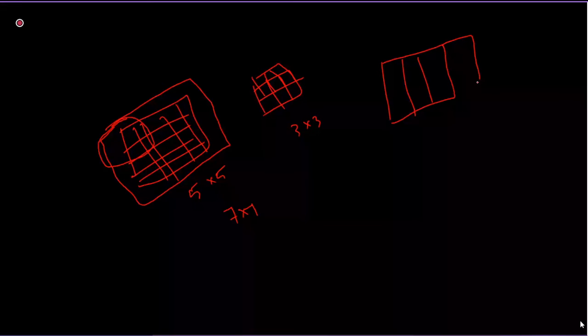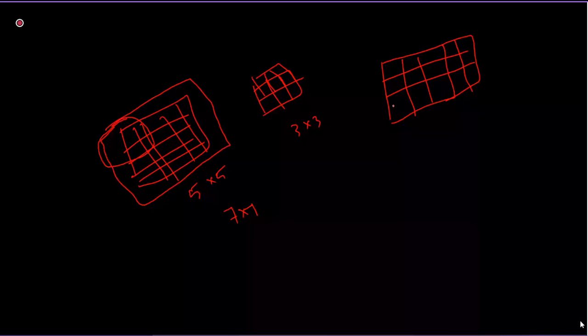the output convolved map or activation map will be 5x5.